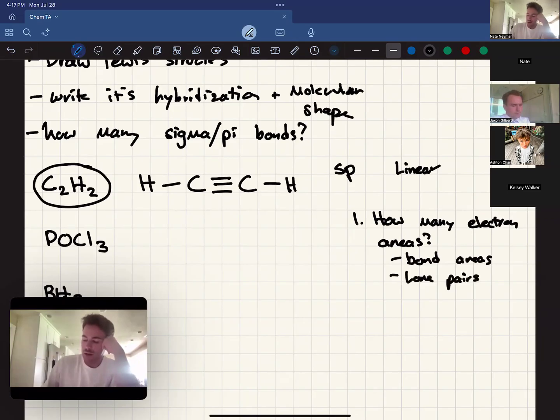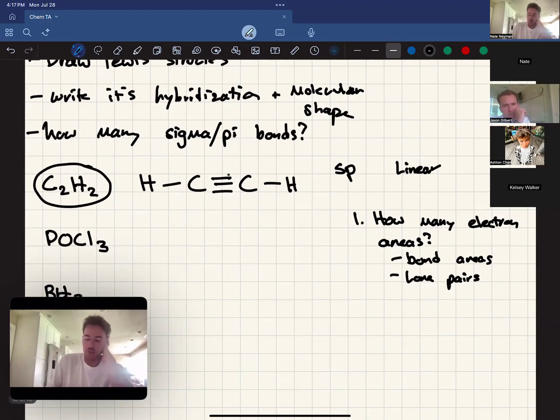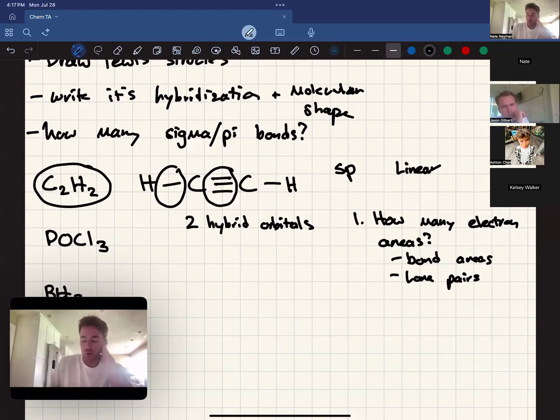The number of those is how many hybrid orbitals you need. So this one has two bond areas. This is one bond area. This is the other bond area. So it's going to form two hybrid orbitals.